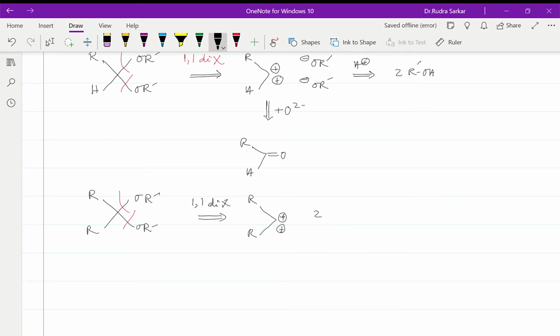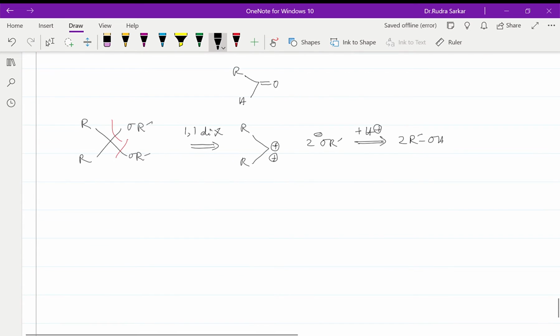Besides that we have this one, and if we add the proton out here then we are having two molecules of alcohol, and if we add the oxide ion over here we have the ketone as follows.